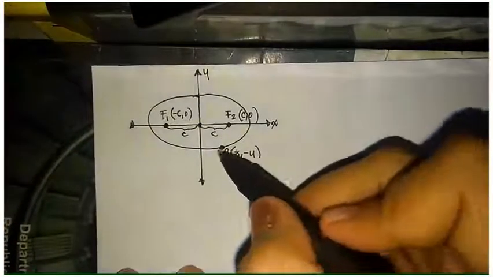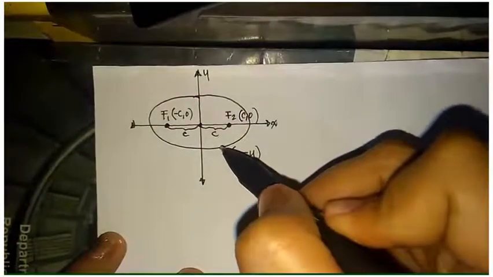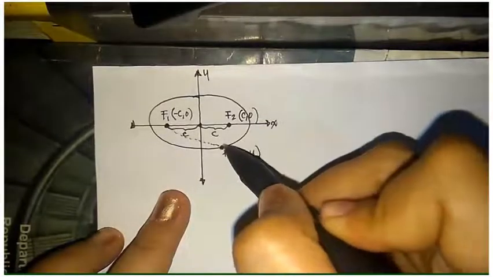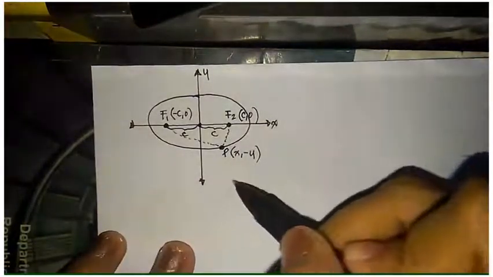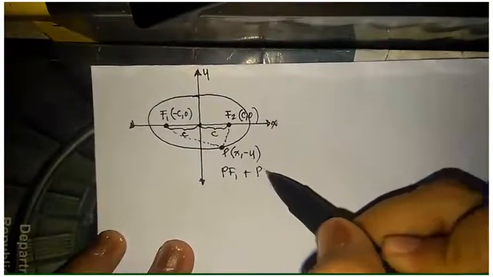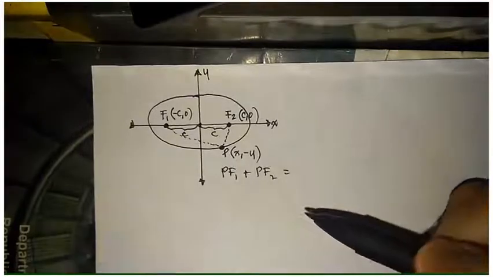And we know that based on the definition, the distance of this segment plus this segment here, so we have P to F sub 1 plus P to F sub 2, is equal to a common sum.